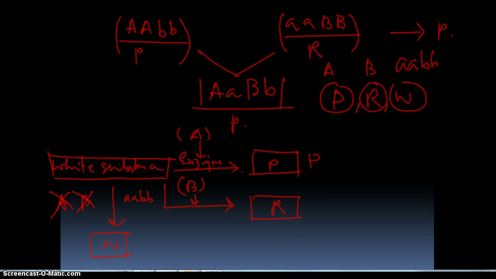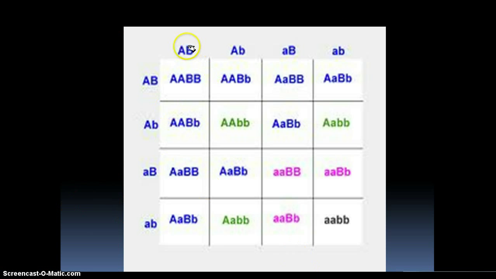Now if we go to the Punnett square, we can work on the ratio that we came across, which was 12:3:1. This 12 we said was the dominant one, which is purple, this 3 was red, and this 1 was white.